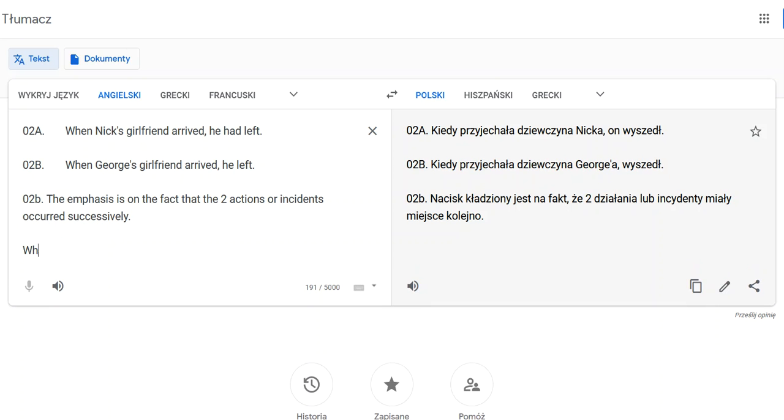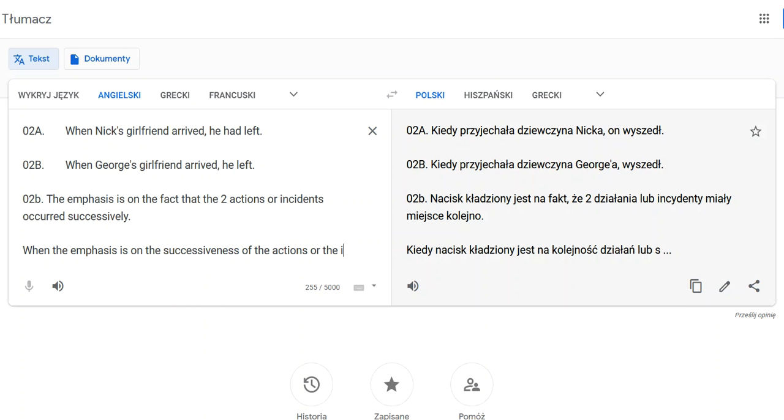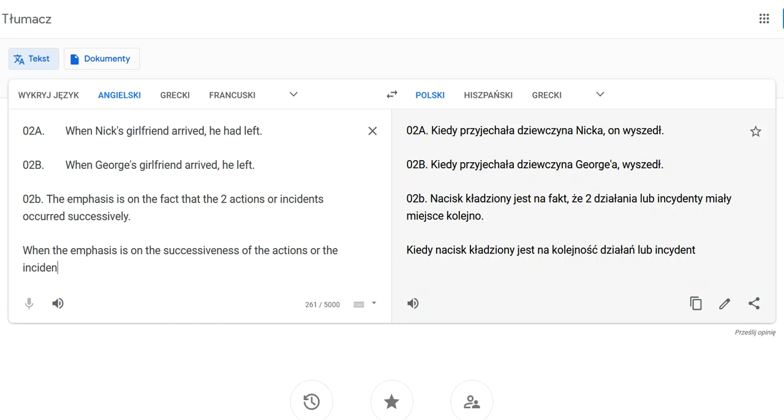So, when the emphasis is on the successiveness of the actions or the situations or the incidents, then we need to use simple tenses.